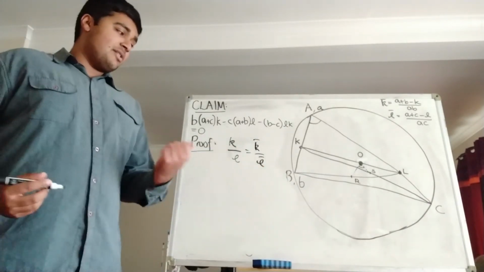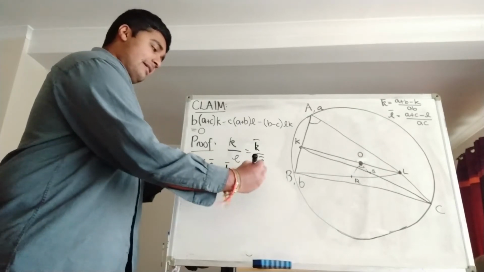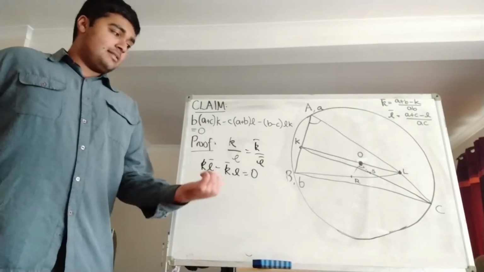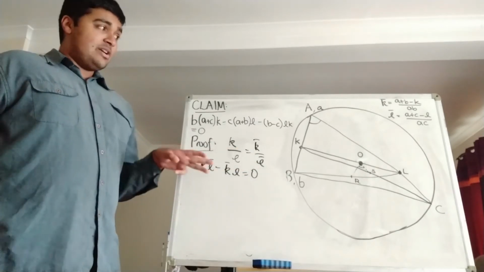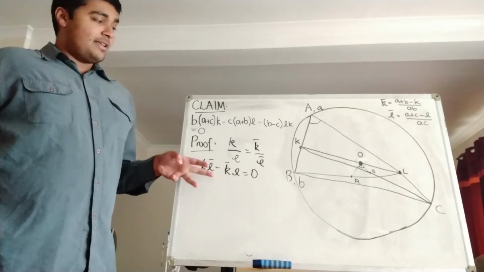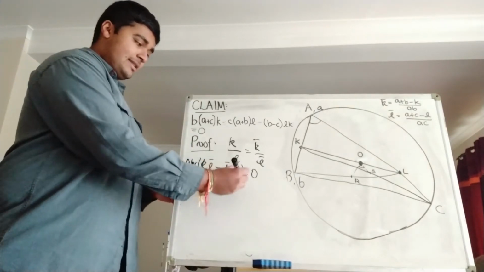But then, of course, just rearranging this, we get that K times L bar minus K bar times L equals 0, like so. So just cross multiplying and then bringing everything onto one side. But then taking this equation here and multiplying through both sides by ABC, of course, the right-hand side will still say 0.